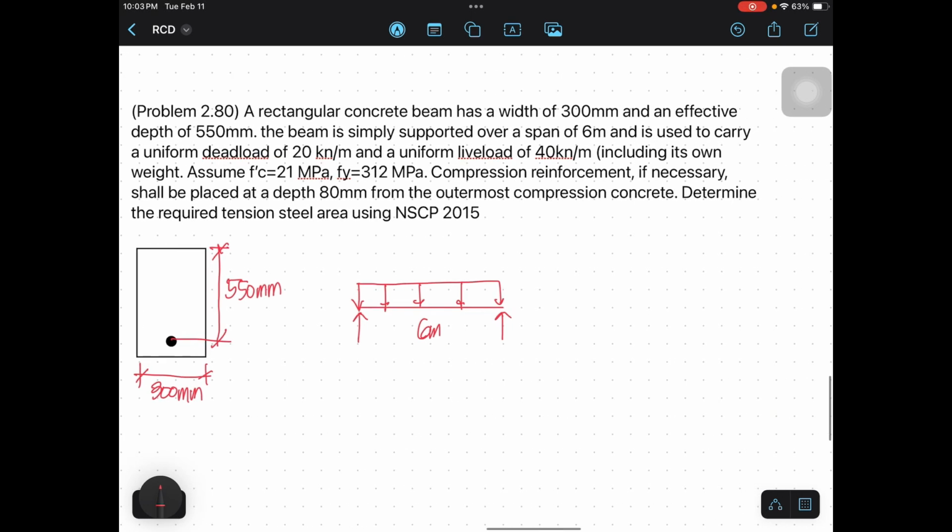Okay? And then, the dead load, including its weight, so the self-weight of the section, is 20 kilonewton per meter. Then, the live load is 40 kilonewton per meter. The specified compressive strength of concrete is 21 megapascal.